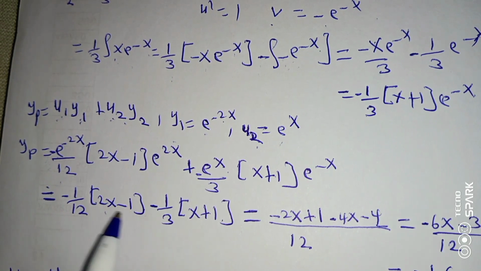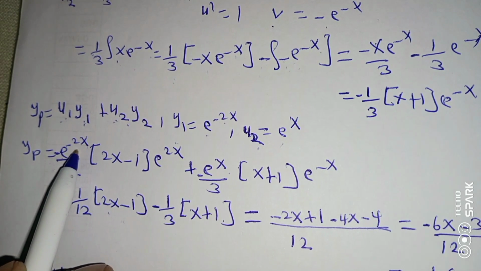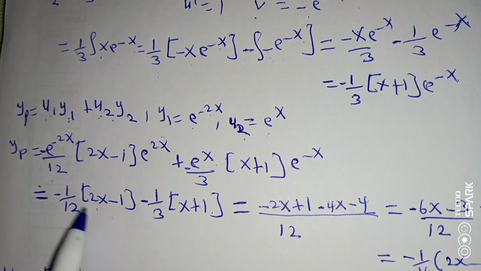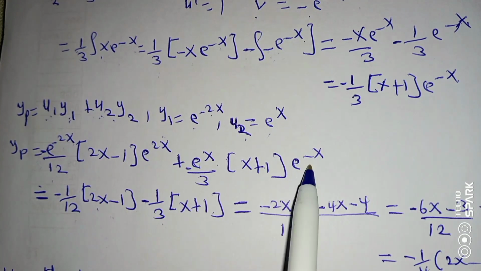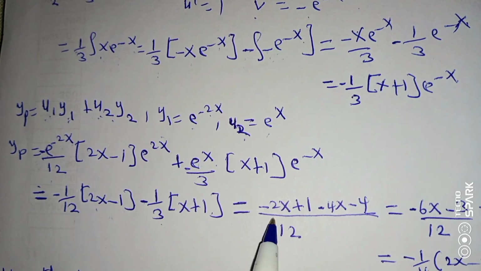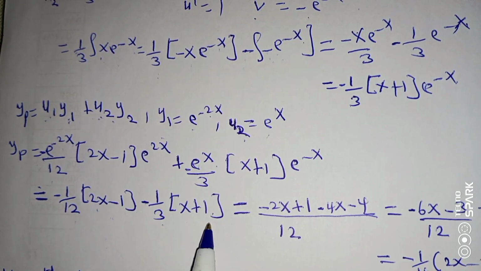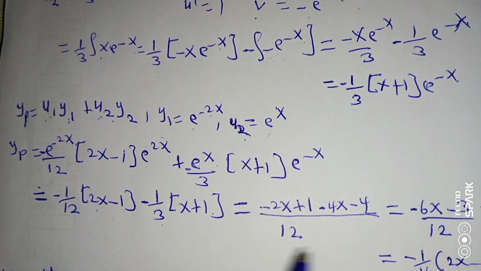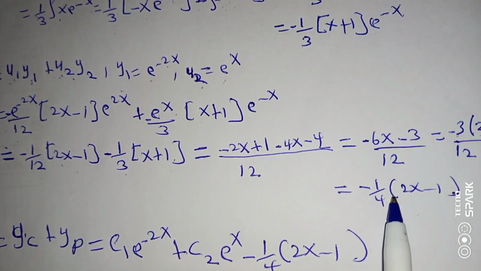After multiplying, what has happened is that this exponential 2x has cancelled with this to become exponential power 0. Any number to the power 0 is 1. So that is why now here we have negative 1 over 12 in bracket 2x minus 1 minus that x, and exponential x and exponential negative x will cancel out, so that we'll be left with this part here, negative that x plus 1. So we can simplify this. When you simplify this using the LCM, the result is negative 1 over 4 in bracket 2x minus 1.